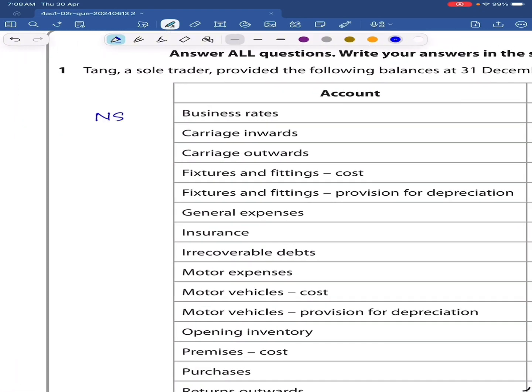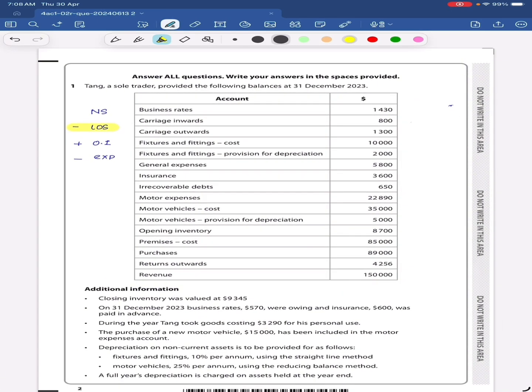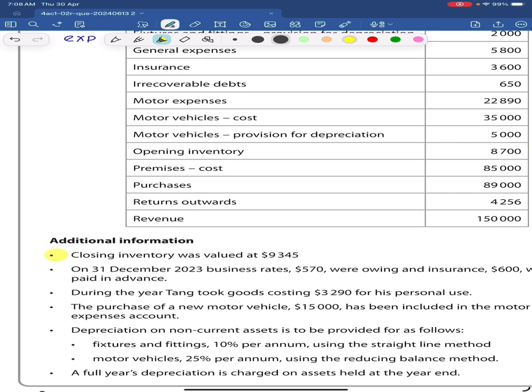So the first component is net sales. Then you have cost of sales. Then you have other income, and then expenses. Right. So I'll keep the cost of sales in yellow. As you can see here, closing inventory goes under the section of cost of sales, which you deduct.